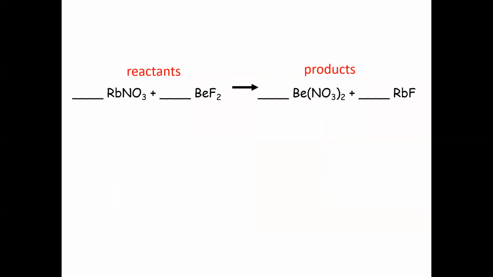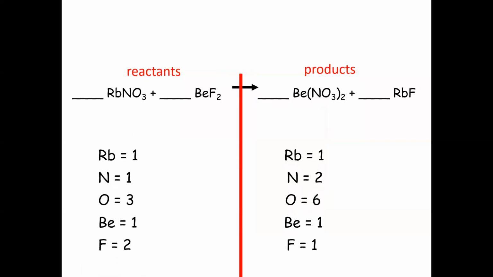Again, we look at this one here. Again, you would separate your reactants from your products. You would produce a tally, and you can see immediately that your nitrogens are not balanced, your oxygens are not balanced, and your fluorines aren't balanced.